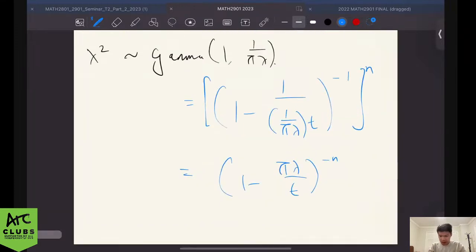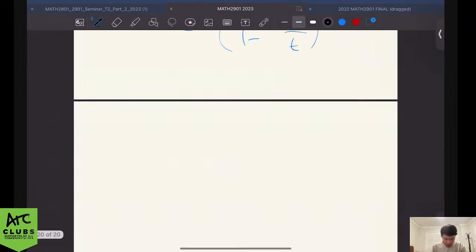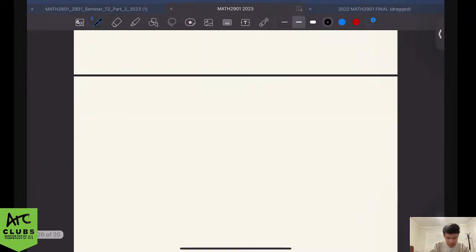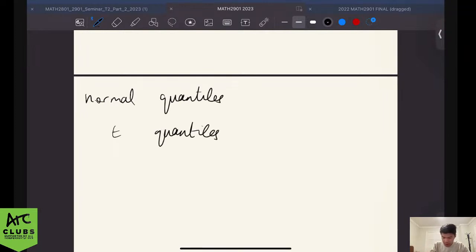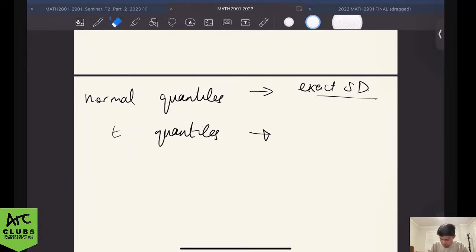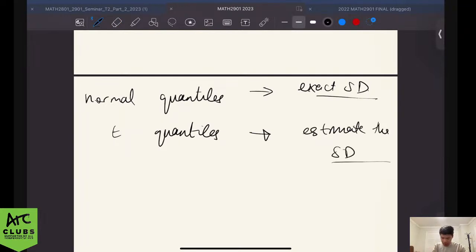The question is, to use normal quantiles compared to t quantiles, is that exact? They're both exact strictly, but this one requires you to know the exact SD. So it's not more accurate, but it does require more information. This requires us to estimate the SD. Okay. Sweet.